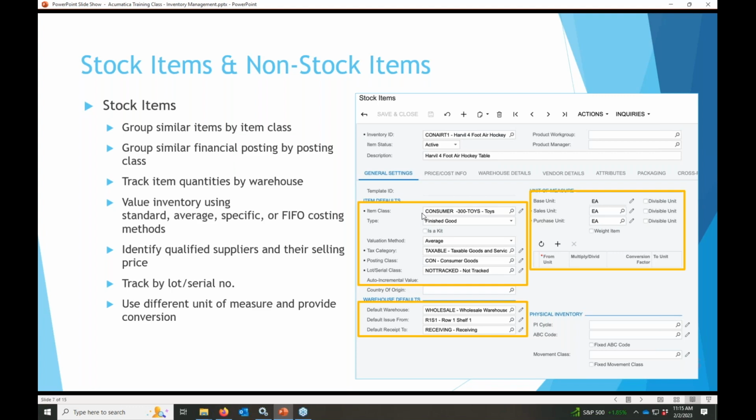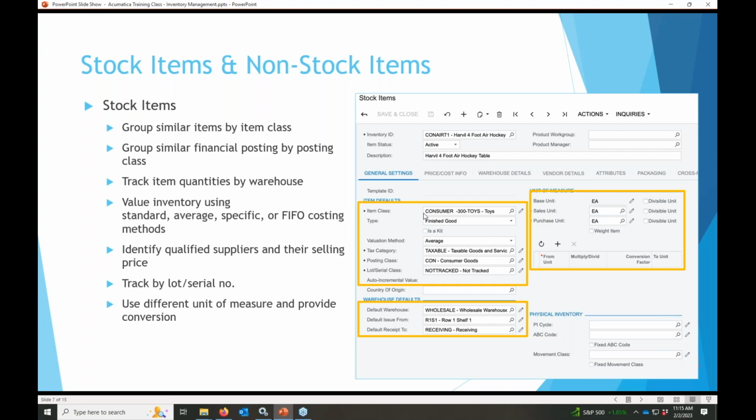So this has been selected as a consumer toy. Other types of classes might be wood raw materials, sporting goods, computer parts, whatever class you decide to group similar items by. Those class settings are going to dictate some of the other defaults that get generated for a stock item.